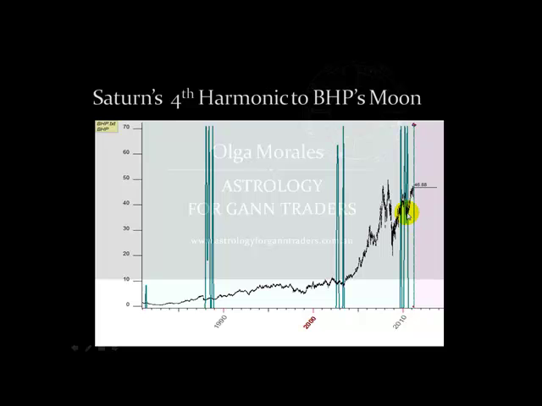Saturn was making a square, because remember Saturn was going through Virgo last year, and so would have had a return to the Moon, and that was a time when we had quite a significant pullback. But now we've got Jupiter going through a fire sign, Aries, and we've got a whole stellium in Aries, which means that the natal Sun of BHP is getting a big push up, and you can see that happening right now as I speak.